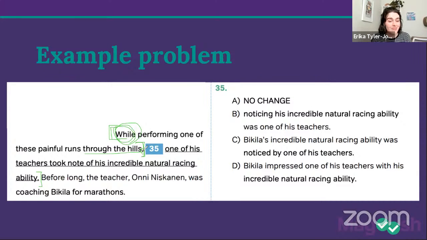We also know that modifiers need to be properly placed. They need to be next to what they describe.